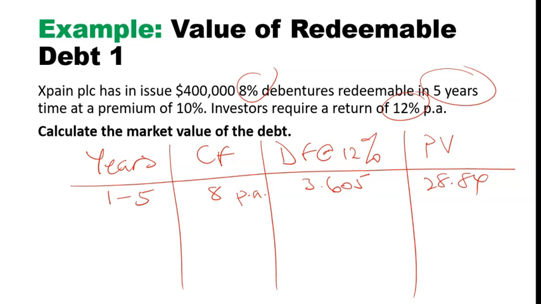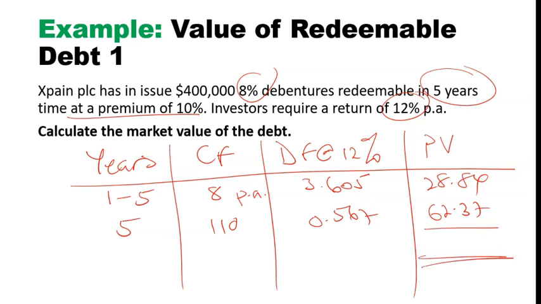that's 28.84. And then in year 5, we are going to repay this one at a premium of 10%, so that's $10 above the nominal. Okay, then the discount factor there from present value tables. So obviously we are going to have 62.37.